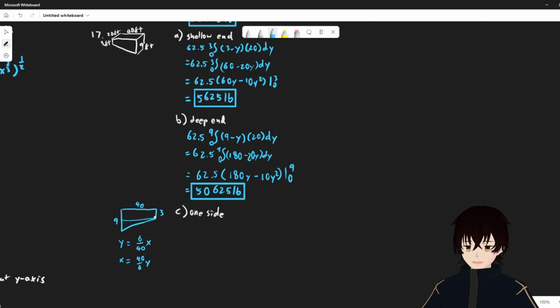But that's only for the triangle part. We probably need 2 separate integrals for this. 62.5 times the integral from 0 to 6 of 9 minus y times 40 over 6 y. Is that right?